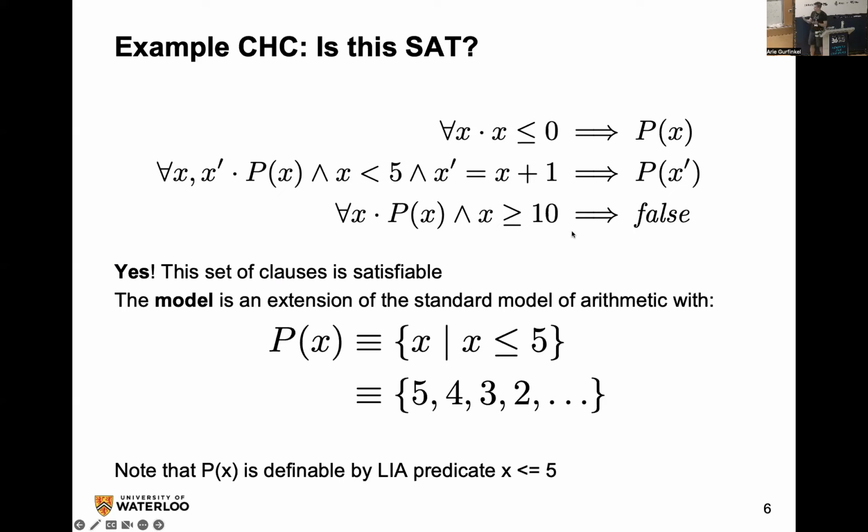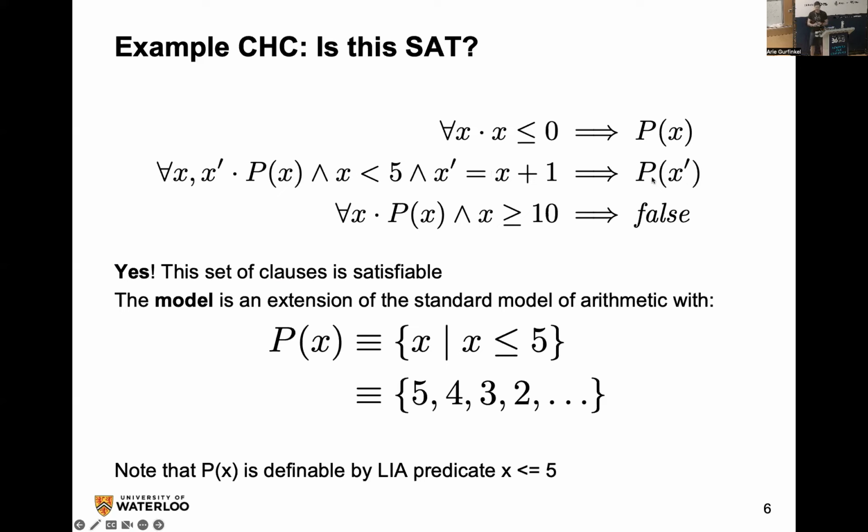It tests whether P has anything where X is greater than or equal to 10. So essentially, that's an assertion requiring that everything in P is less than or equal to 10. And then we have an inductive, or recursive, definition of P: if something is already in P and X is less than 5, then if we add 1 to X, this is also in P.